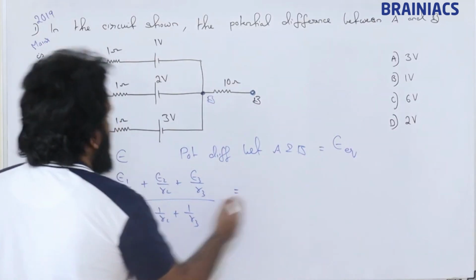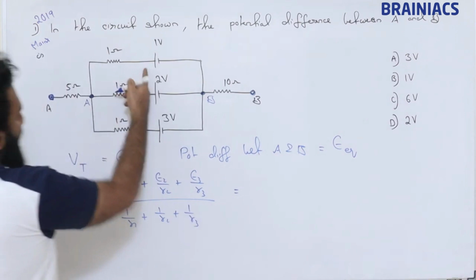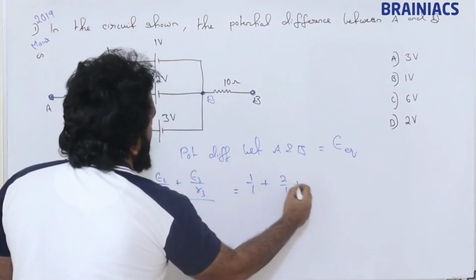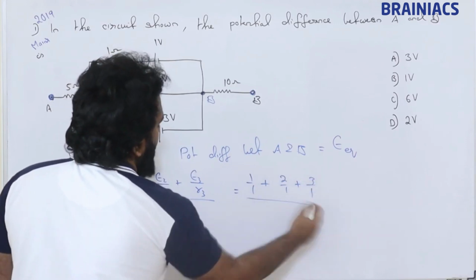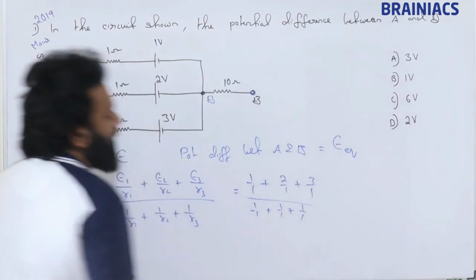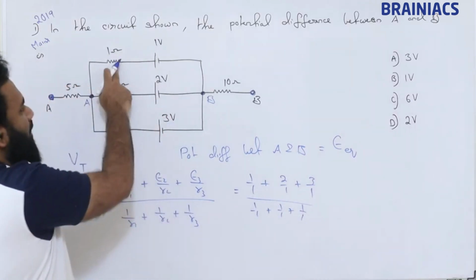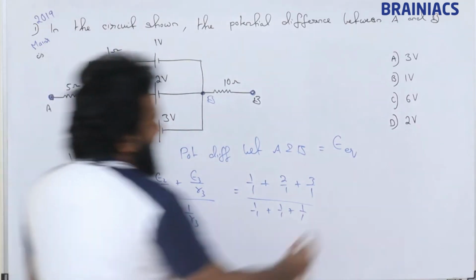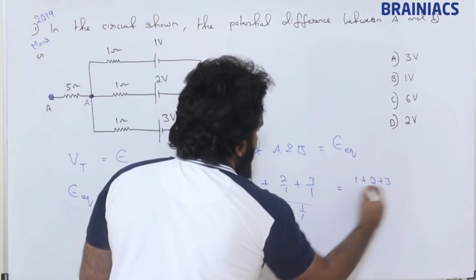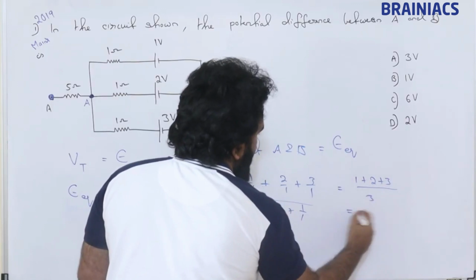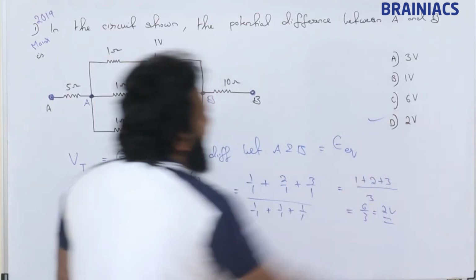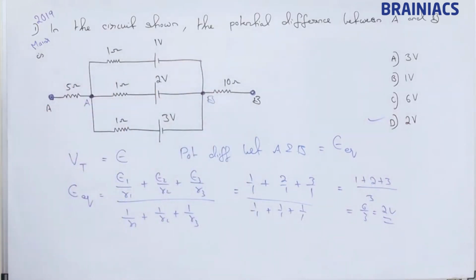So if we take 1 by 1 plus 2 by 1 plus 3 by 1, divided by 1 by 1 plus 1 by 1 plus 1 by 1, this is going to be 1 plus 2 plus 3 divided by 3. So 6 by 3, we are getting 2 volt. That is the answer. Clear?